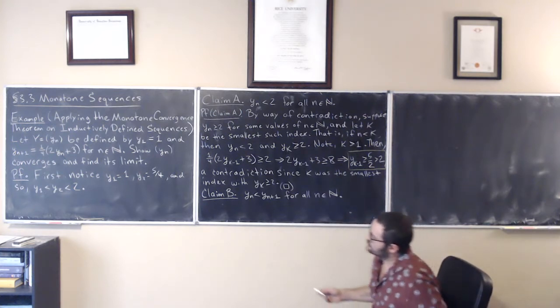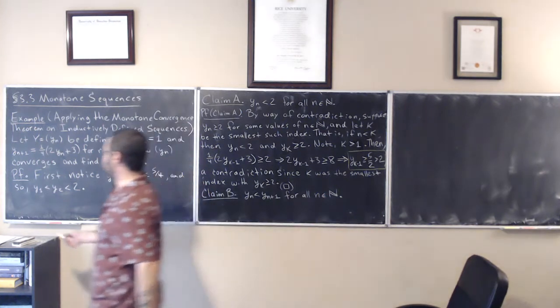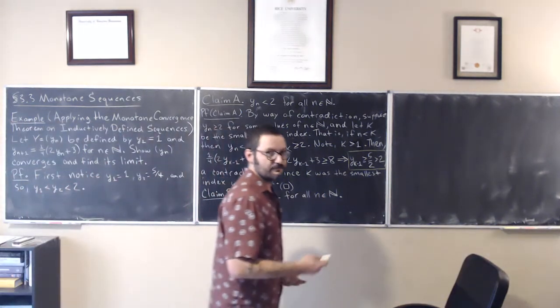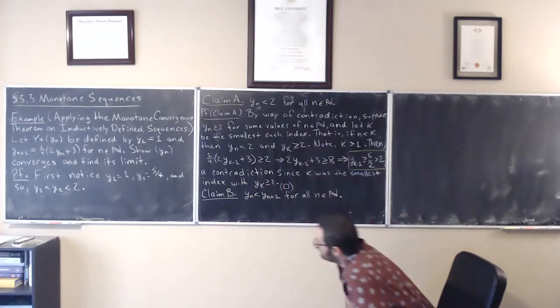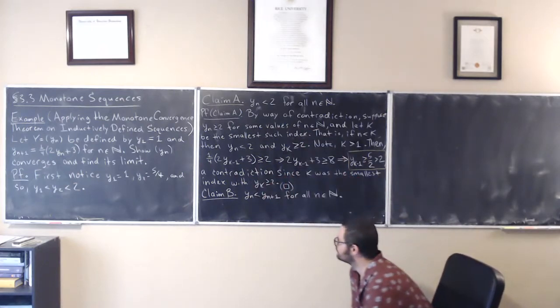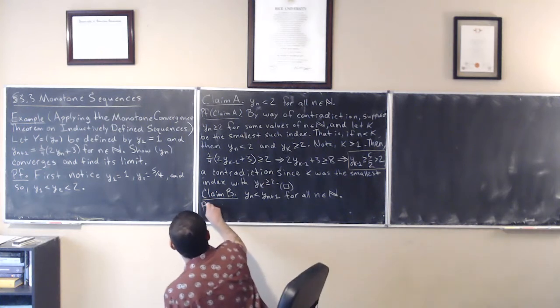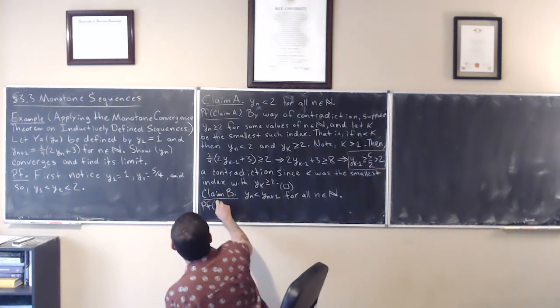That seems like a reasonable guess based off of the first few terms here. So in the proof, if it's not true, we'll discover it. If it is true, we'll prove it. So here's the proof of claim B.